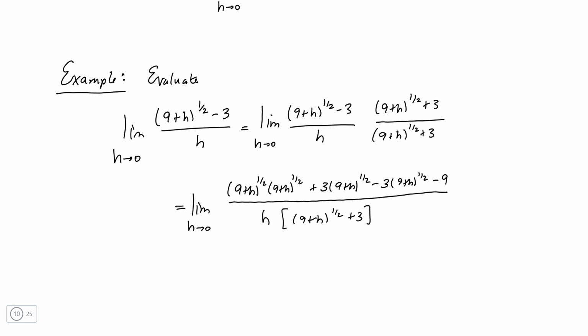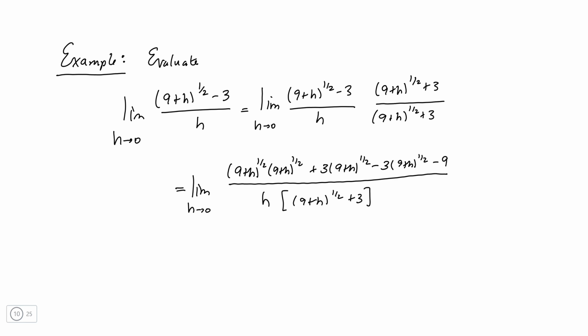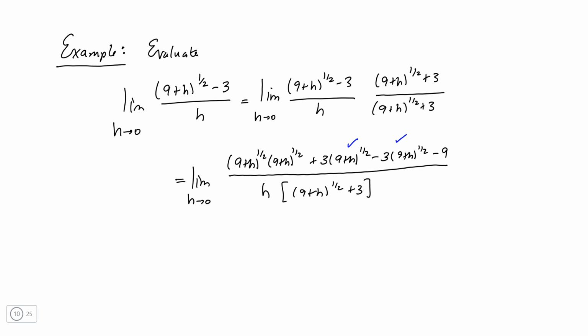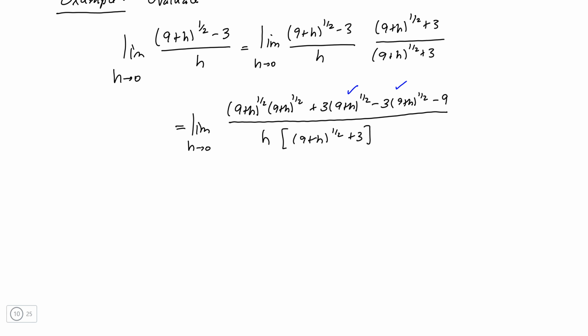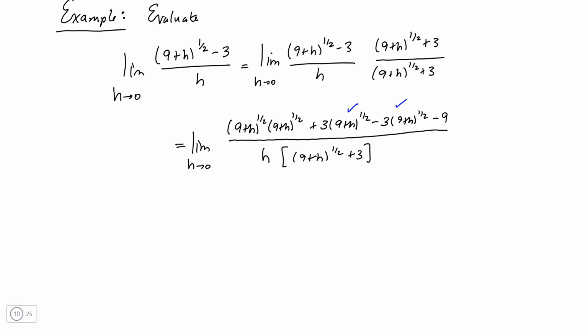Okay, so the first thing we can see right away is that this term and this term are going to cancel out because there's a plus and a minus 3 there. And then I have (9 + h)^(1/2) times (9 + h)^(1/2), so that just becomes 9 plus h. Those 1/2s go away.